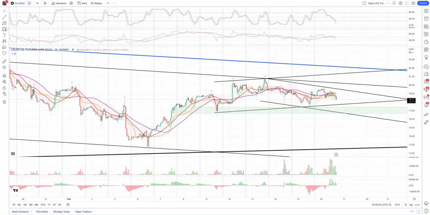And there's going to be more of them along the way. I could work off of this low here at 09 to the close of this candle at 70. So go to the high of this candle here, 88.